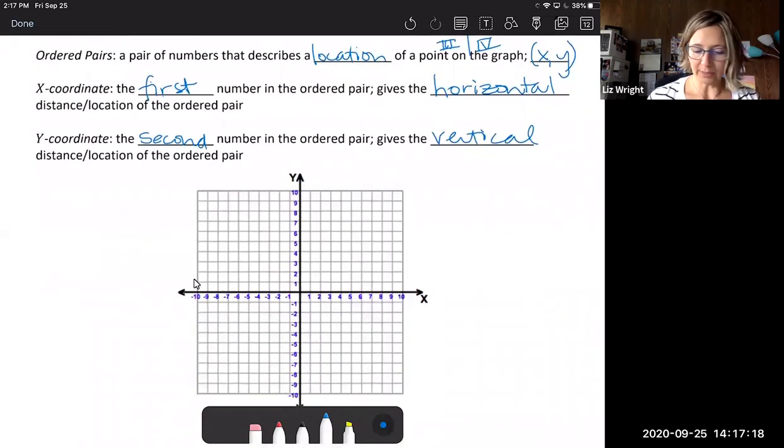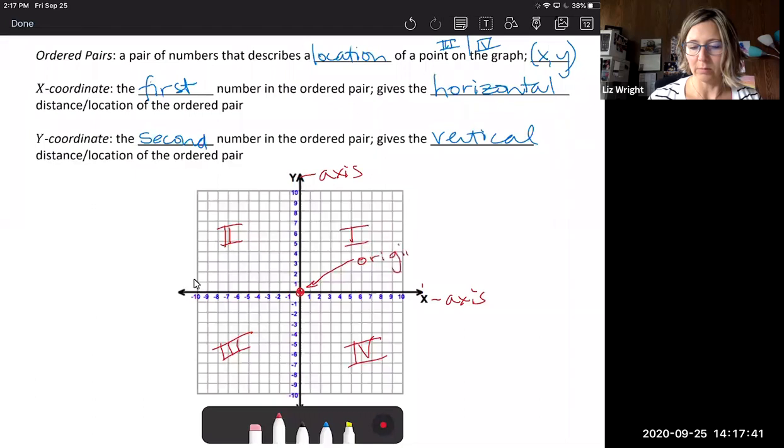What we're going to do down here is put in our labels. The x-axis is already labeled for you, as well as the y-axis. Then we're going to put in quadrant 1, 2, 3, and 4. Right here is the origin. And we could plop another point on there, let's say negative 5, 2.